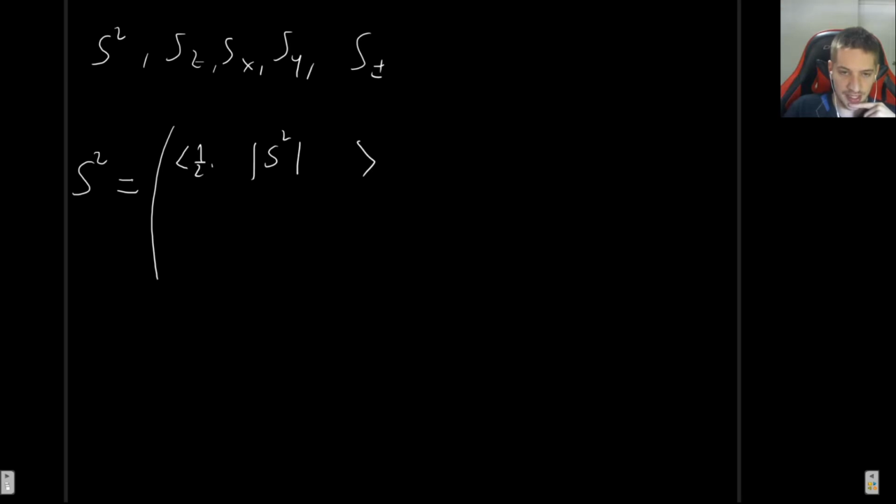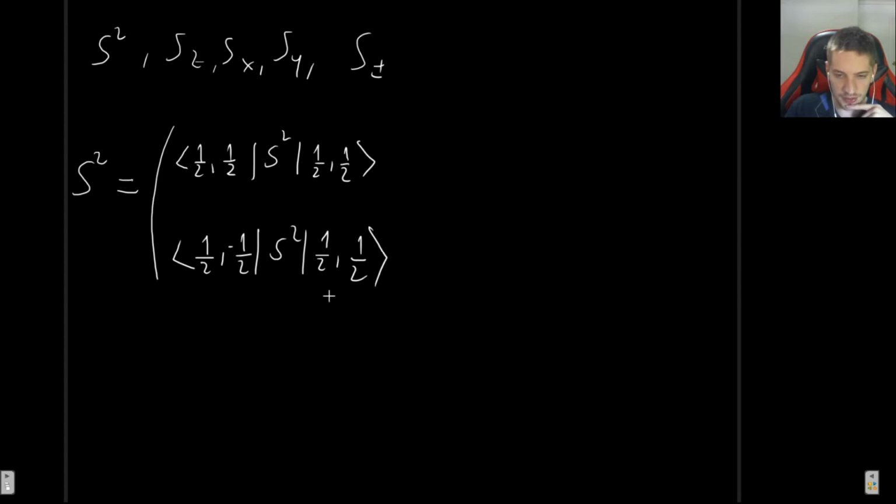So s is 1/2, ms in the up state is 1/2, comma 1/2, 1/2. And now let's do the same, but this time our ket is still going to be in the up state, but now the bra is going to be in the down state. So we're basically combining them. Make a combination of the down and up states. S squared, 1/2, 1/2. Okay, so this ket is up, this bra is down.